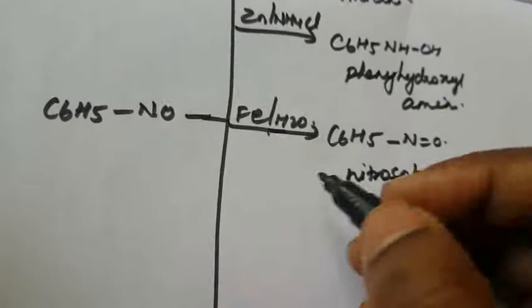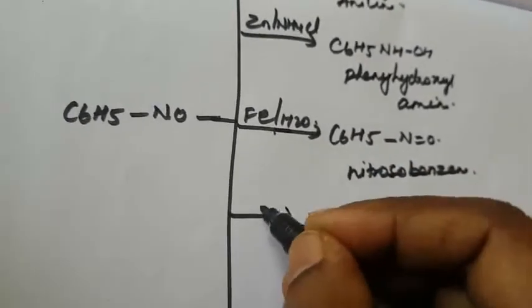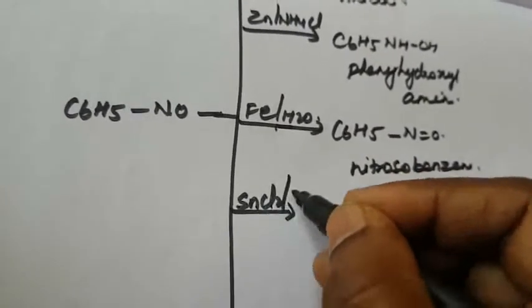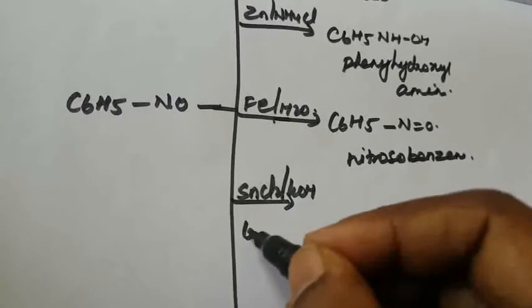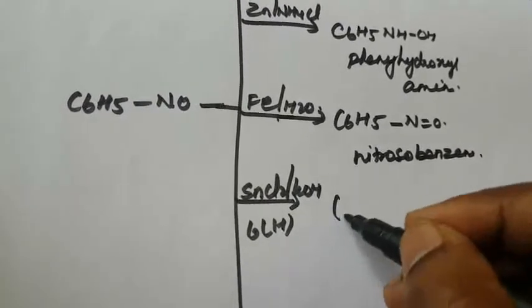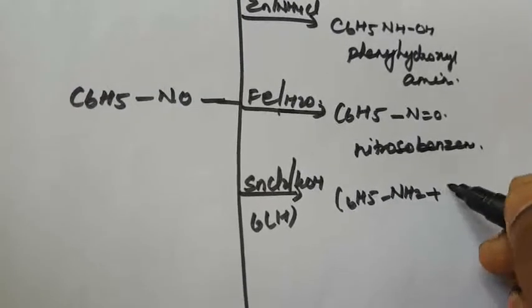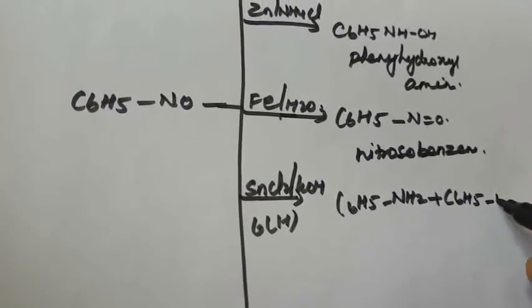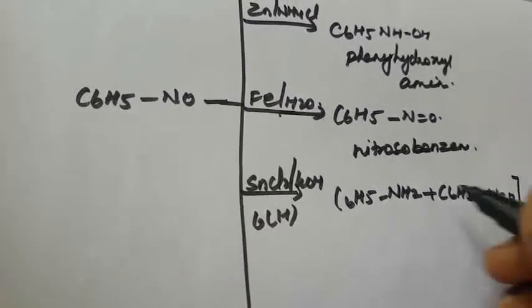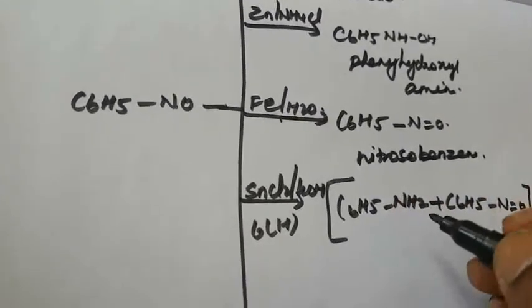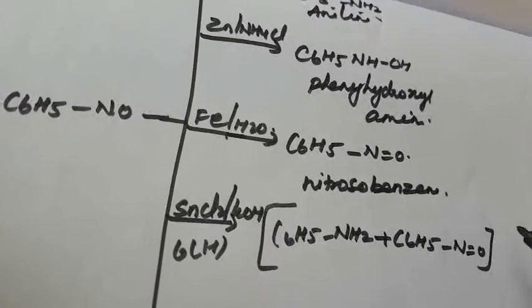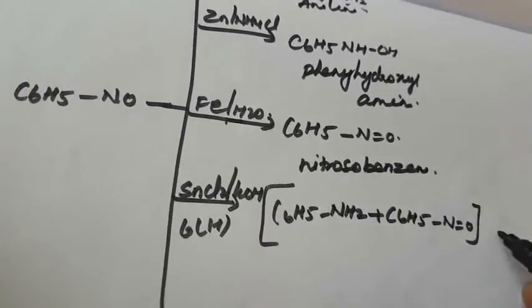Then stannous chloride and KOH, C6H5NH2 and C6H5N double bond O. Okay, so this is an unstable compound. Then self condensation.